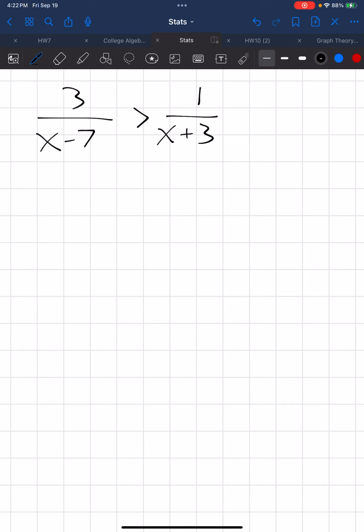My key values are -3 and +7. So let's see if there might be any more that can pop up somehow. If I move 1 over x plus 3 to the left-hand side, then I get this.